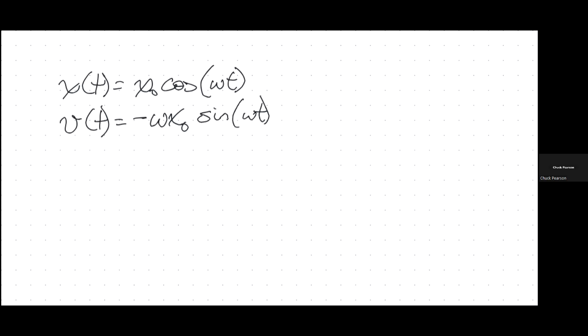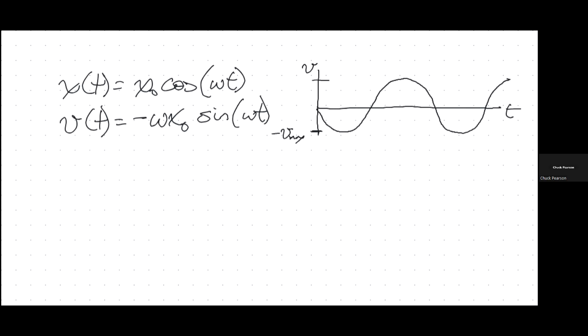Now allow me to sketch my v of t function, starting from 0 as a sine does, going negative and coming back positive, going negative, coming back positive, and so on. And this right here is negative v max, and up here is v max. And v max, the maximum possible velocity of the oscillator, is just the coefficient of the sine function, omega x naught.